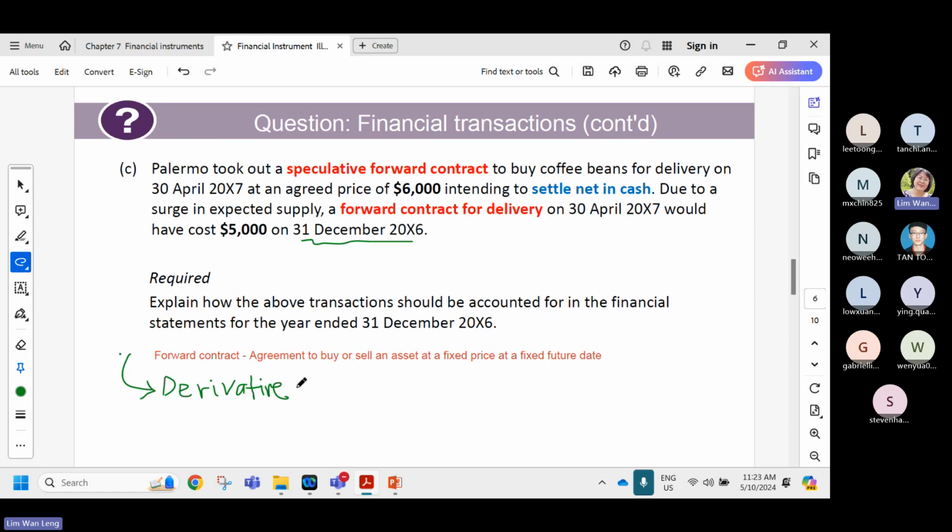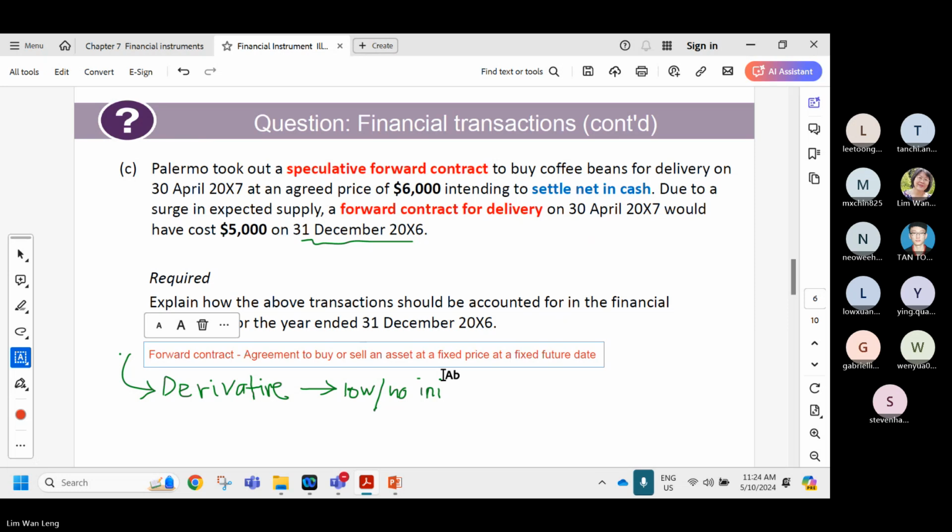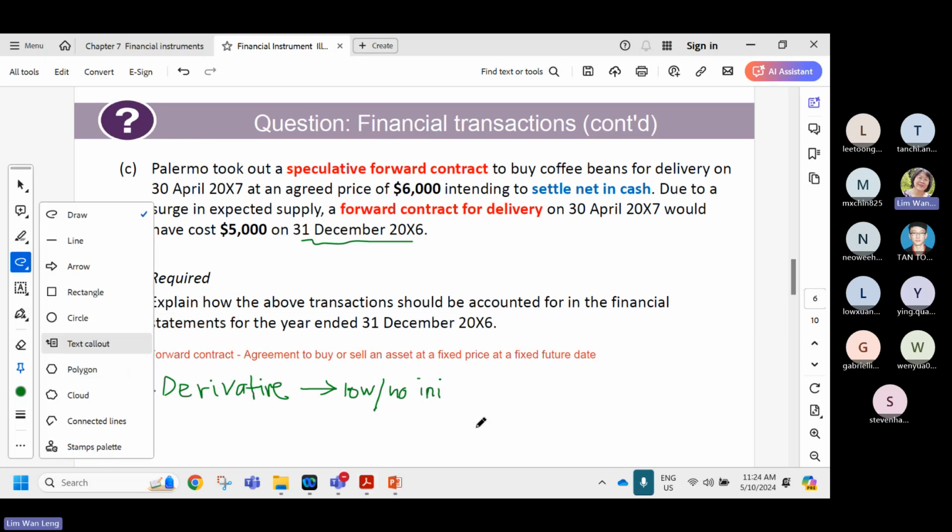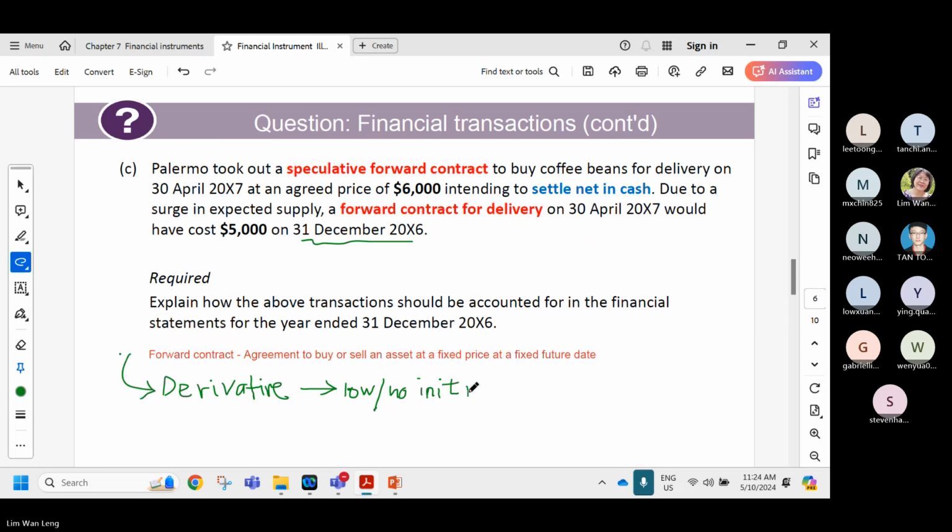So derivative contracts, one of the characteristics is low or no initial outlay, initial outflow.